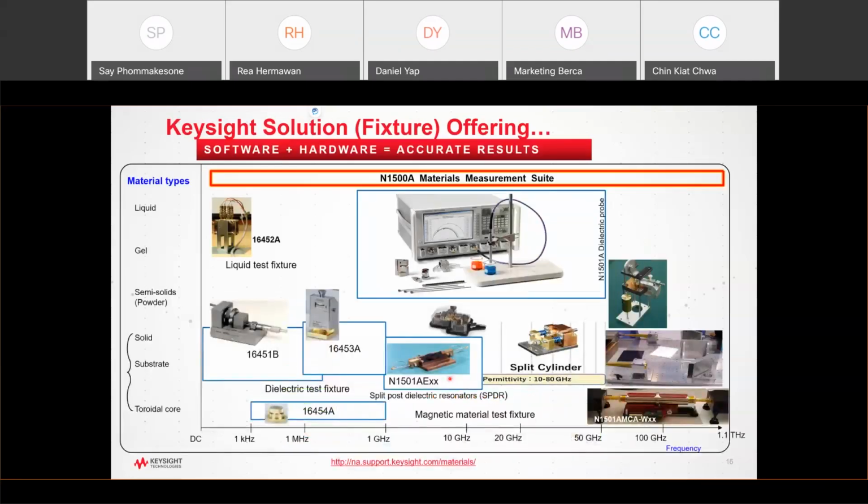In terms of fixtures that we're offering, for the low frequency, we have different types of fixtures as shown here. And then at middle frequency, the dielectric probe, high frequency, and really high frequency. In this case, we go up to about 1.1 terahertz, which is really, really high frequency.